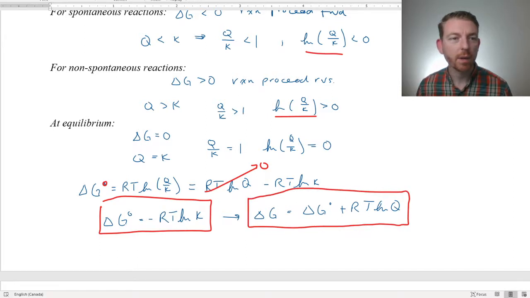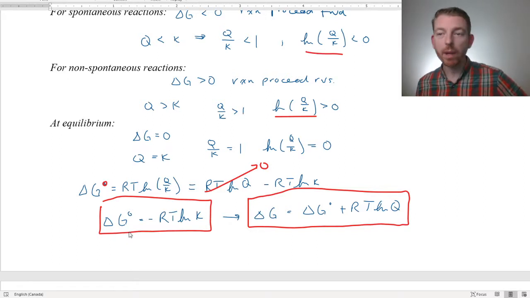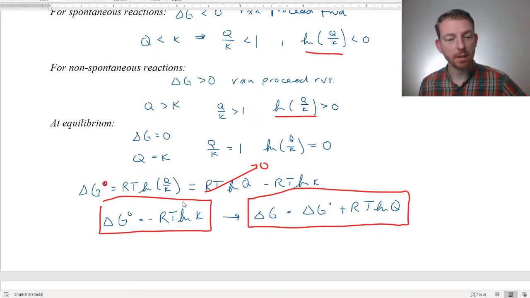When we want to think about the maximum amount of work we can get out of a system under standard conditions, because this is something we can look up in a book, and so is the equilibrium constant. So we can relate those directly back and forth together.